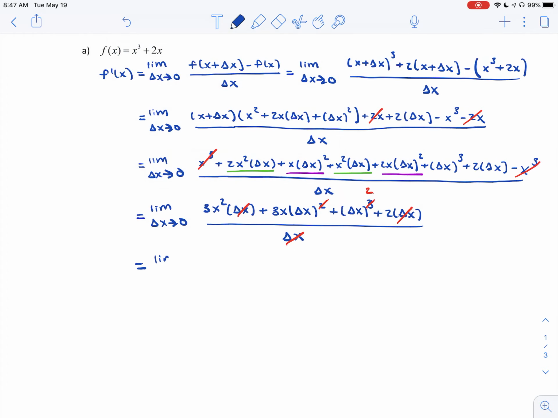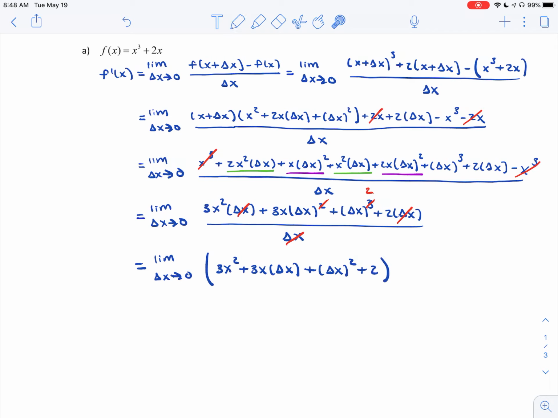So this would become the limit as delta x approaches 0 of 3x squared plus 3x delta x plus delta x squared plus 2. All right, and finally, we can take our limit.